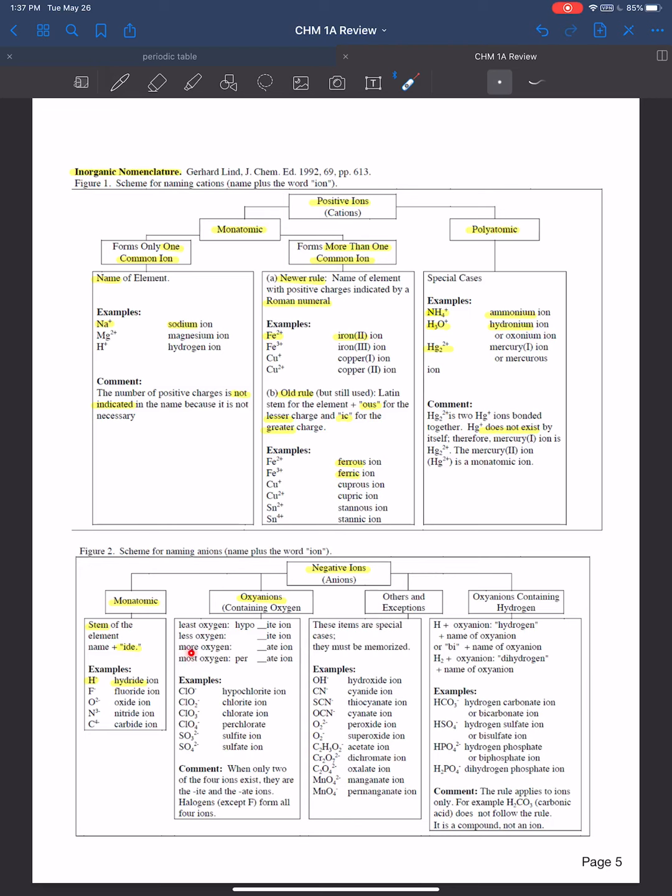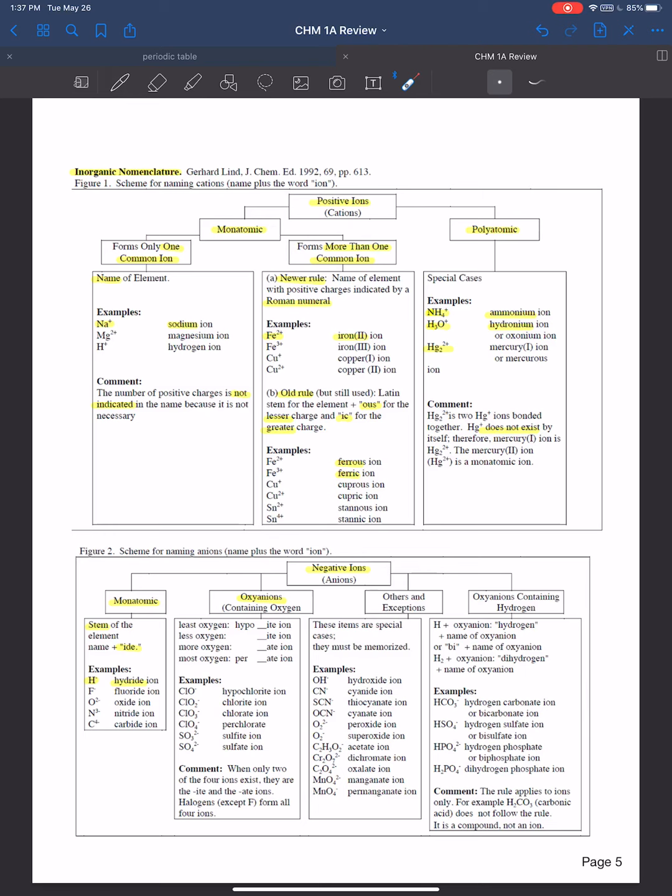If you have more oxygen, it turns into -ate, so ClO3- is chlorate. And if you have the most oxygen, it turns into per-, stem name, -ate, so this is perchlorate for ClO4-. The chlorine series has four of these ions: hypo-ite, ite, ate, and per-ate.